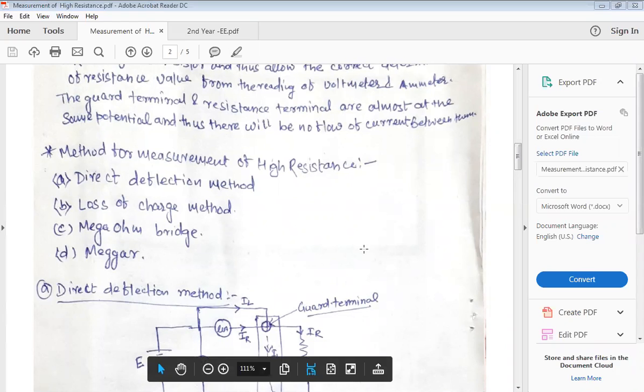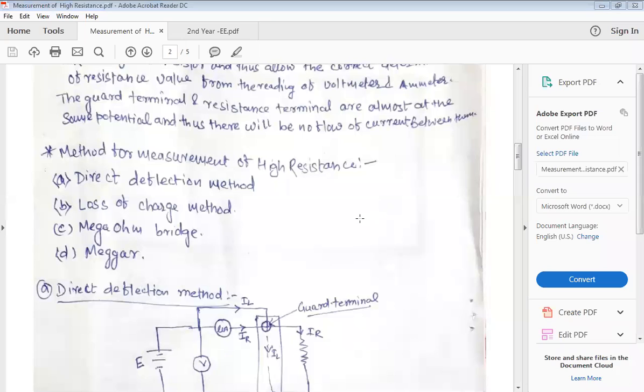So measurement of high resistance means resistors having resistance in the range from 10 kilo ohm to infinity. In the last class I discussed what type of difficulty you face when you measure high resistance.